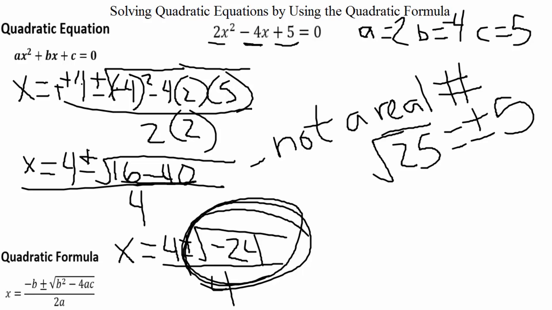But can you think of a number times itself that'll get you a negative anything, a negative 24, a negative 25? Honestly, there's no possible way that you can get this negative inside here, because a positive times a positive is positive, and a negative times a negative is also positive. There's no way you can multiply a number by itself to get a negative number. So this is just not possible.